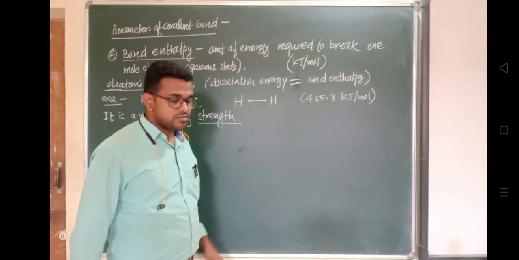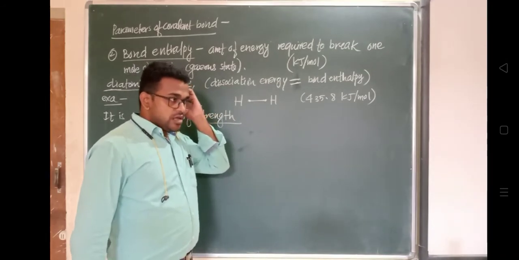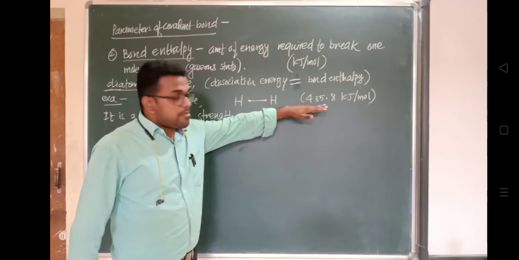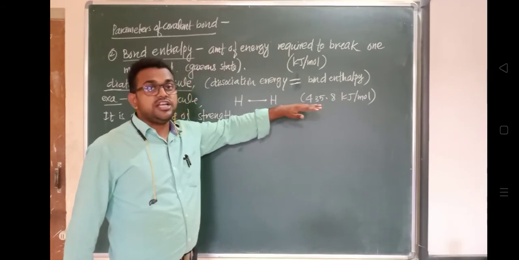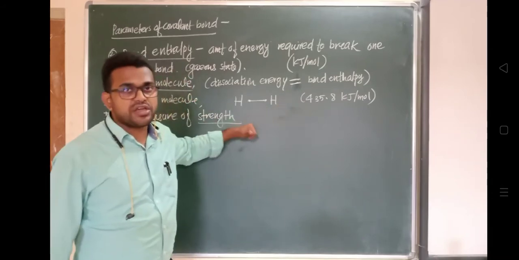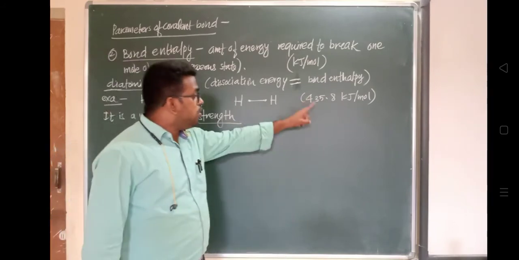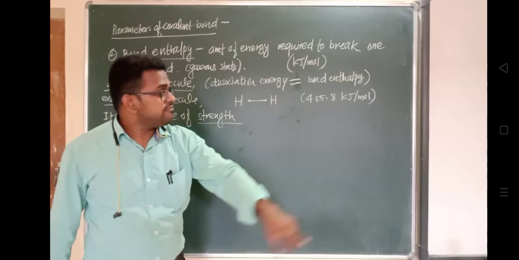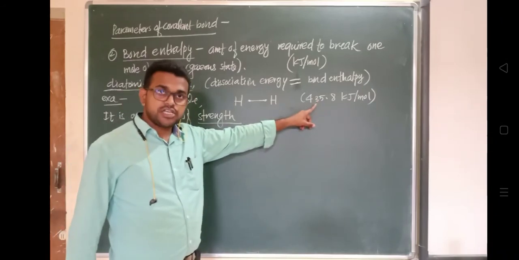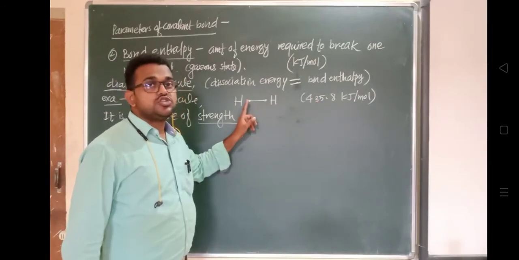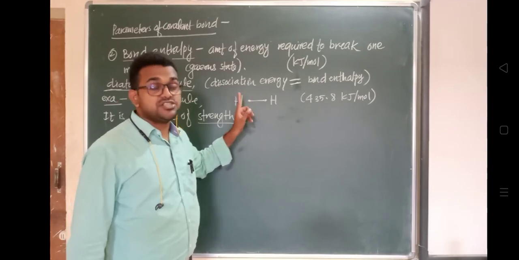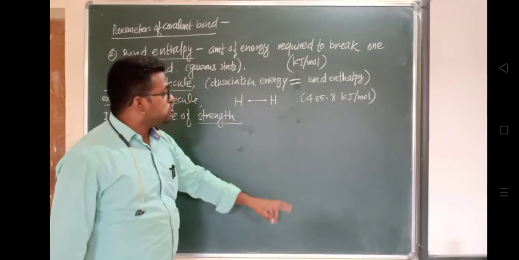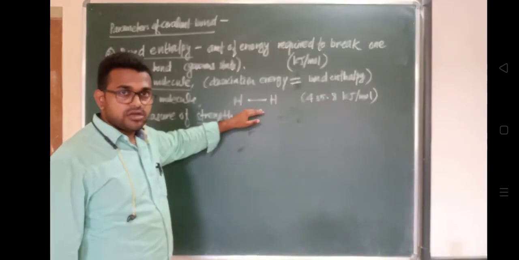So if higher energy is required to break 1 mole of bond between any atoms, not hydrogen only, the bond is very strong. उस बॉन्ड को ब्रेक करने के लिए ज्यादा एनर्जी लग रही है, because the bond is stronger.